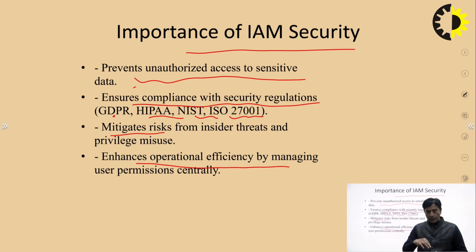Means today I am able to access files A, B, C, D in the present scenario, but it may be possible that the next day files A and B are locked, because due to some reason they can be locked centrally. I cannot use those files. So this is the beauty of IAM security. We can centrally manage the access of every user of the system.